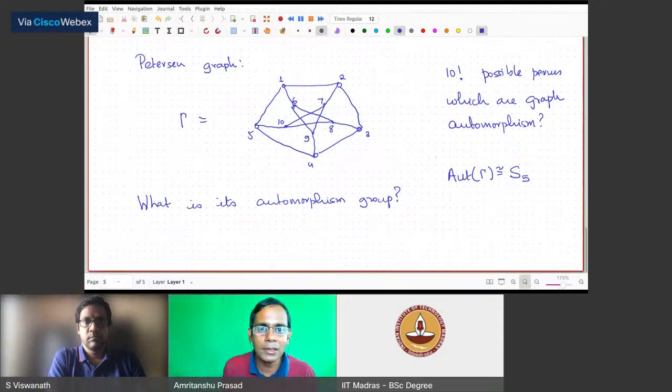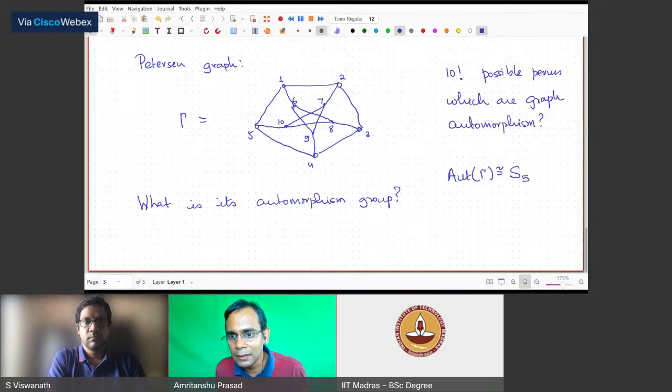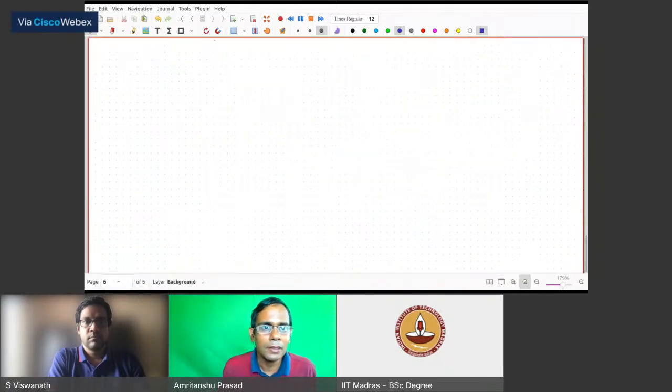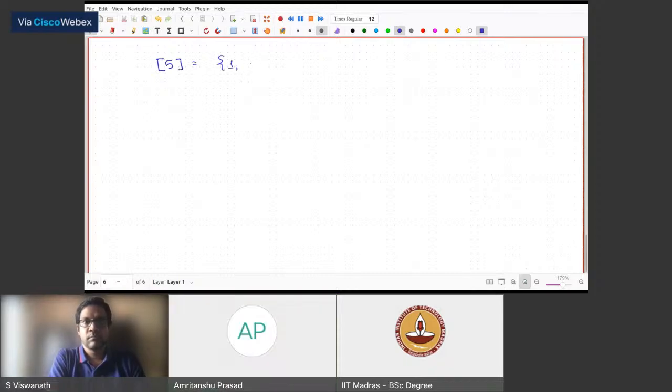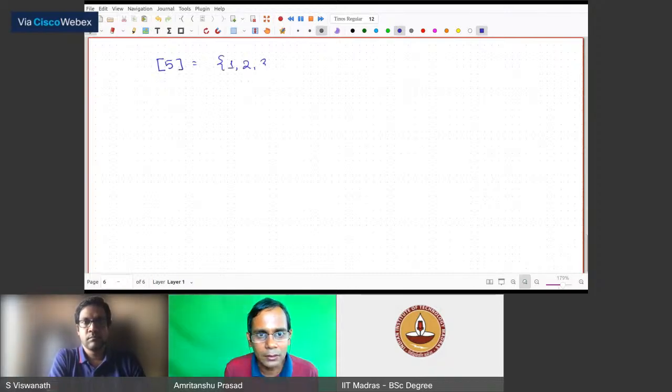So here's a very interesting way of getting the Petersen graph, which makes it very clear why S5 is appearing. Consider the set of the first 5 positive integers.